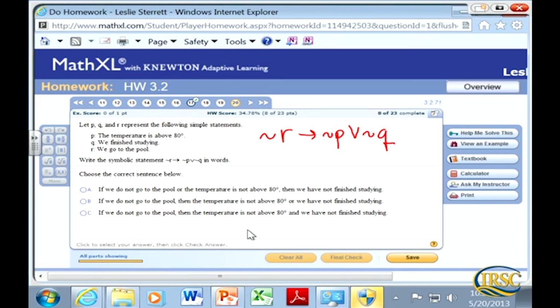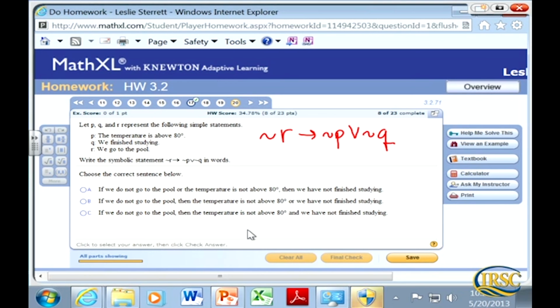If we do not go to the pool or the temperature is not above 80 degrees, then we have not finished studying. If we do not go to the pool, then the temperature is not above 80 degrees, or we have not finished studying. And the third choice is if we do not go to the pool, comma, then the temperature is not above 80 degrees and we have not finished studying.